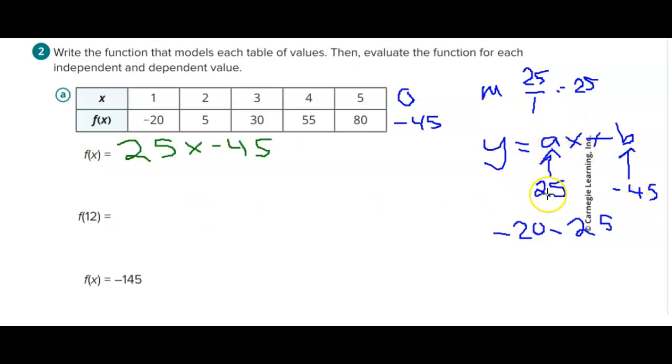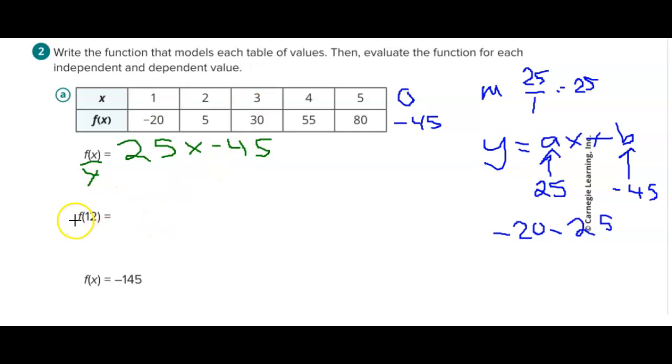When we plug in our 25 for our slope and our negative 45 for our y-intercept, we have our function written. Now we can use this function to do problem solving. We can use this function to calculate x values, and we can use it to calculate y values, which are also f of x values. This means the same as y or output.